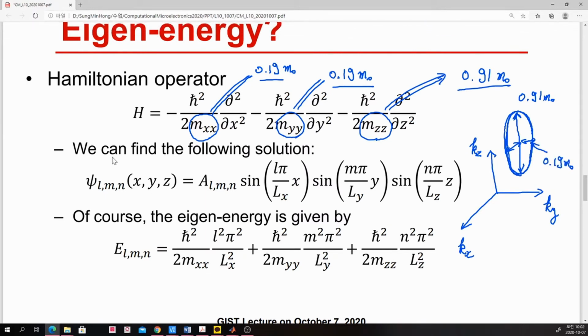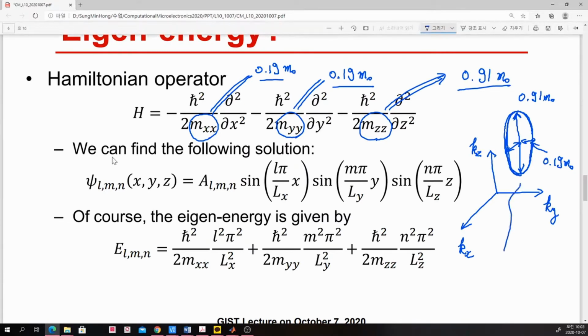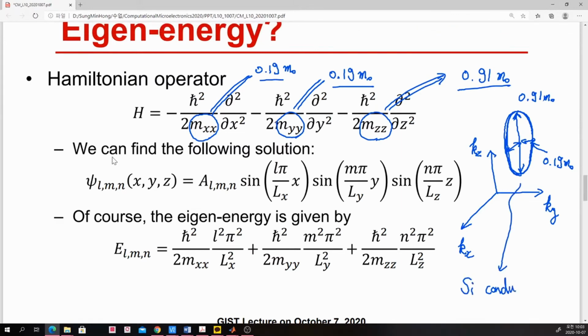You can understand this one. So why do we consider this kind of band structure? Because this is the typical band structure of the silicon conduction band.